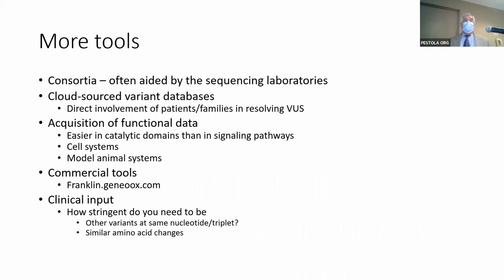Okay, so how do you resolve the rest of them? Consortium. In some cases, the reference laboratory who sends you the results says, this is an interesting VUS, and you know what? So-and-so in Europe is interested in this gene. Talk to them. They may have some tools to be able to sort this out. There's a huge consortium in the United States. We're doing it. Undiagnosed Disease Network.